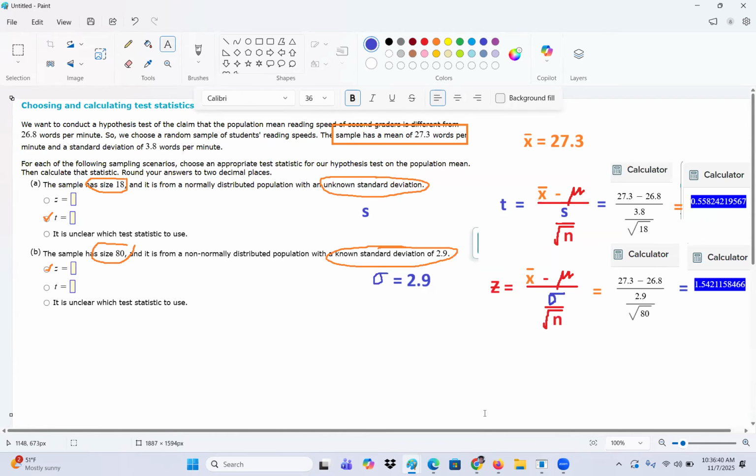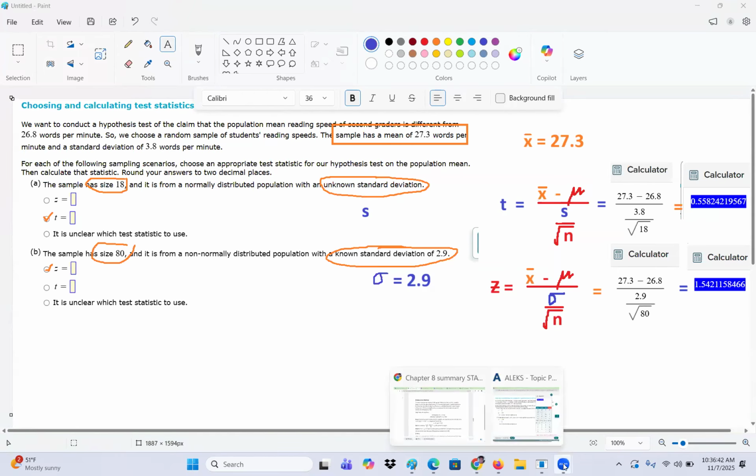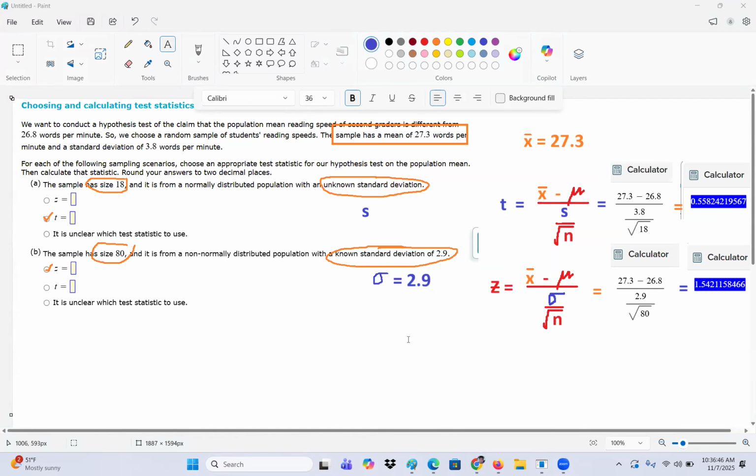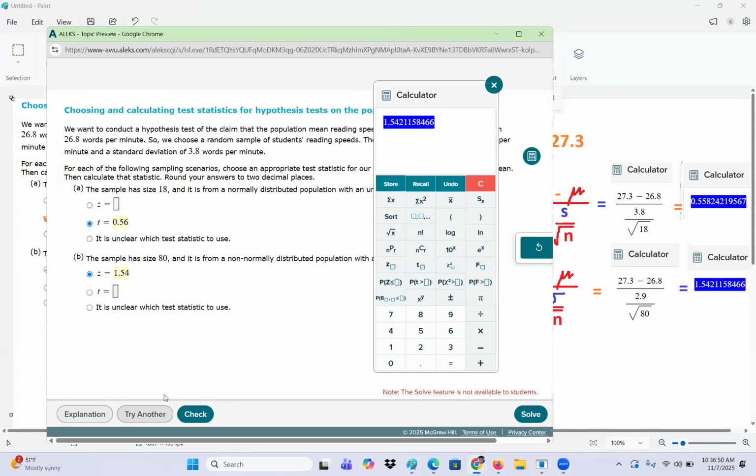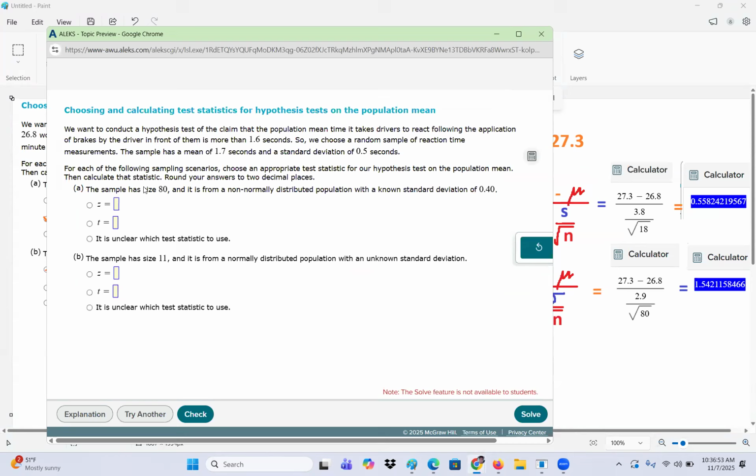All right. So any questions, any concerns? We can try a different example, just in case. So let's try another one. If the population standard deviation is known, you can use the z score, and if this one is unknown, you have the t, you can compute it.